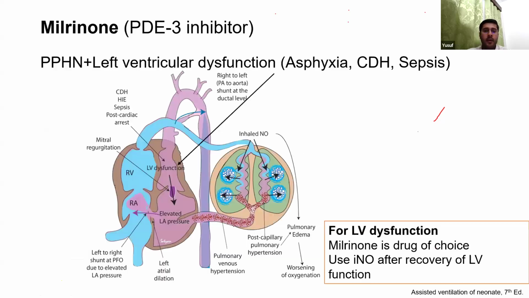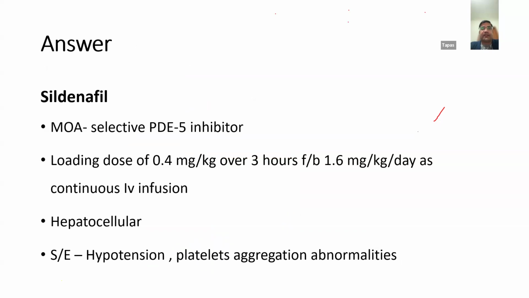So where is phosphodiesterase 5 inhibitor acting? Basically, it prevents the breakdown of cyclic GMP.